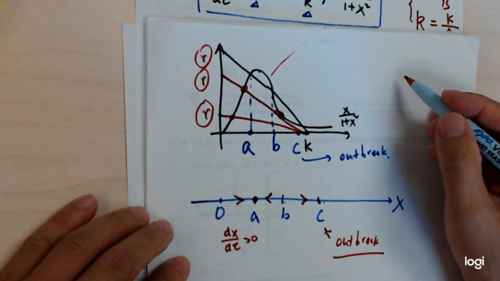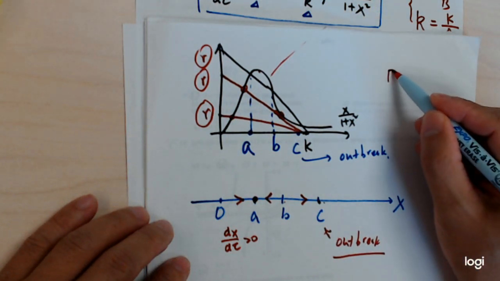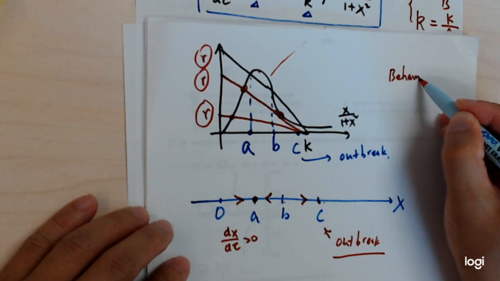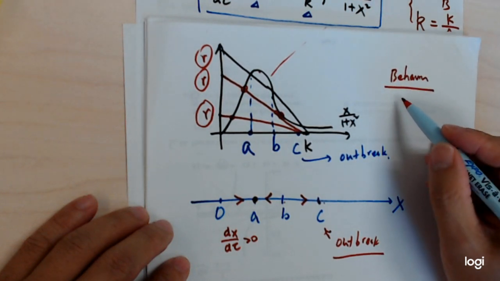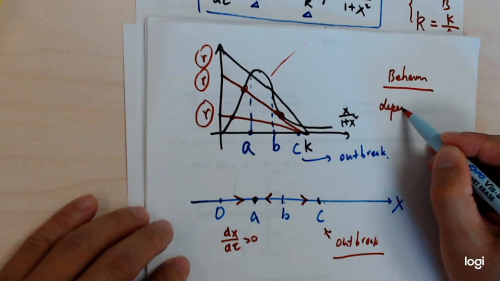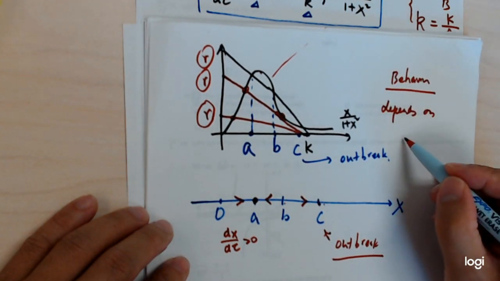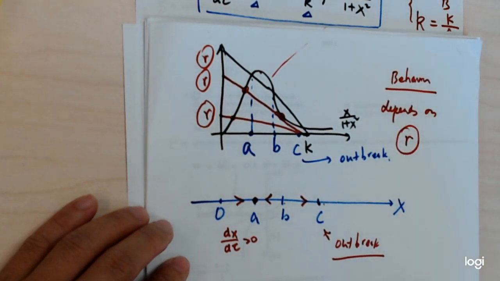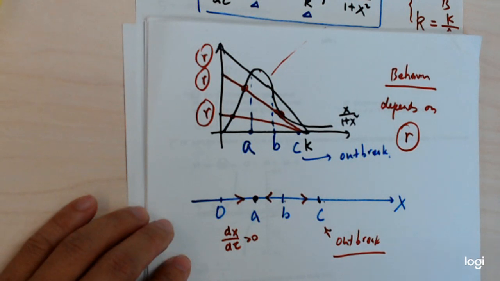So the behavior of this system depends on this parameter r. That deserves some study, and that's what we study in terms of bifurcation.